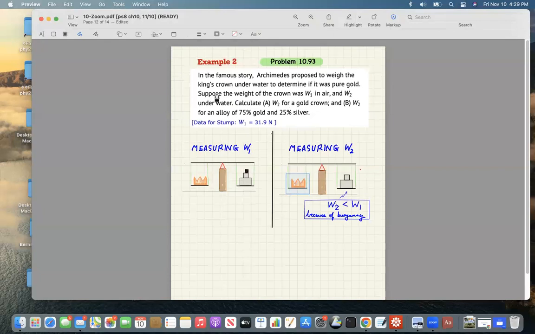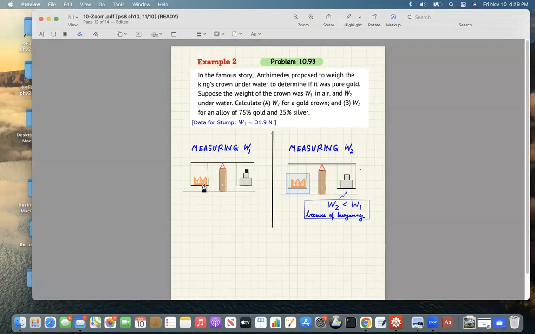It would have been a way to determine if the crown is 100% gold or if it was some kind of mixture of gold with some other less expensive material. So what it says in the problem, suppose the weight of the crown is W1 in air and W2 underwater.